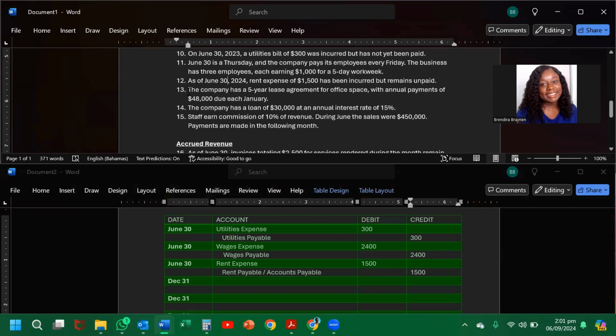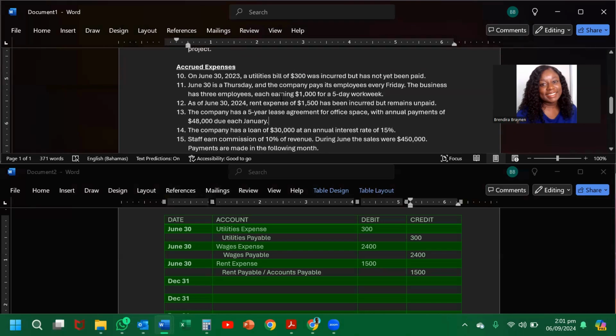When I look at the 13th, the company has a 5-year lease agreement for office space with annual payments of $4,800 due each January. In this instance, it looks like this may be in the wrong space, but you should know that this isn't an accrued expense.